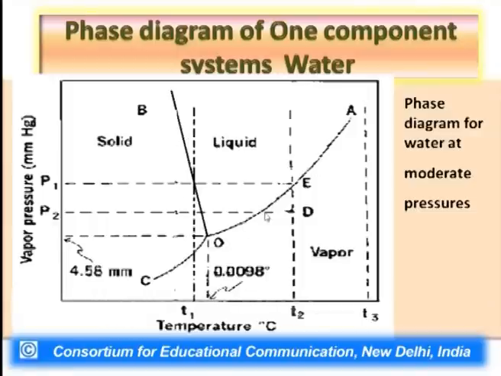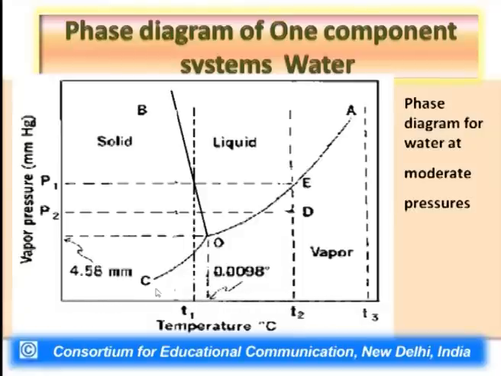Similarly, each point on curve AO represents the equilibrium state of the system in which two phases are in equilibrium, which are nothing but liquid and vapor phase.